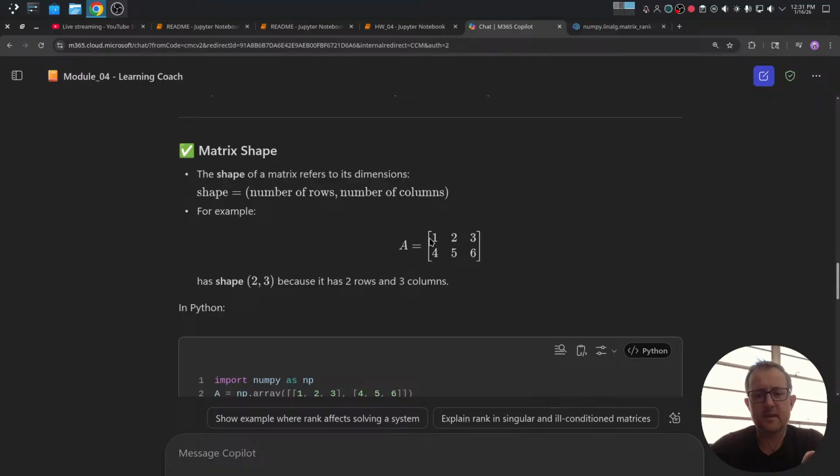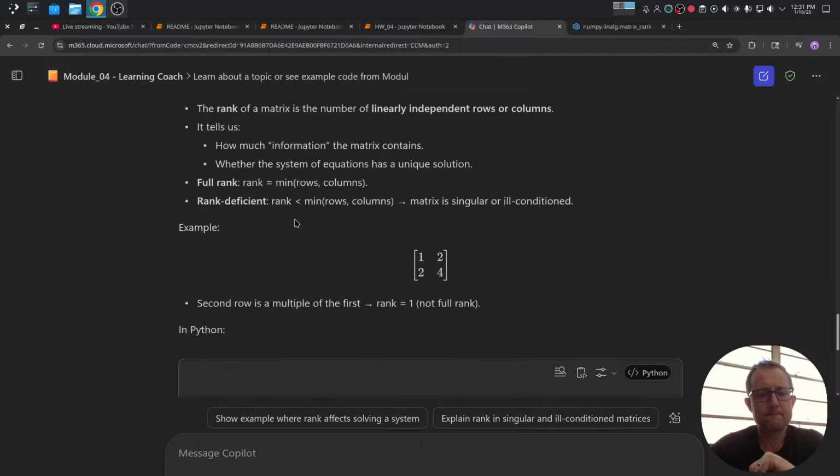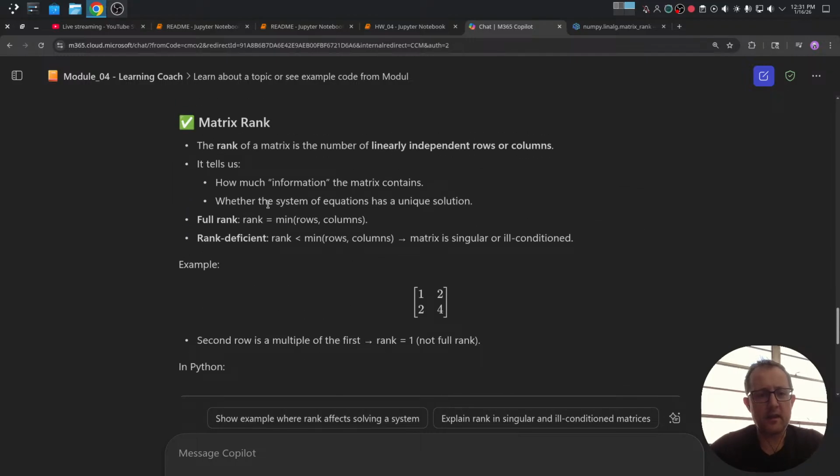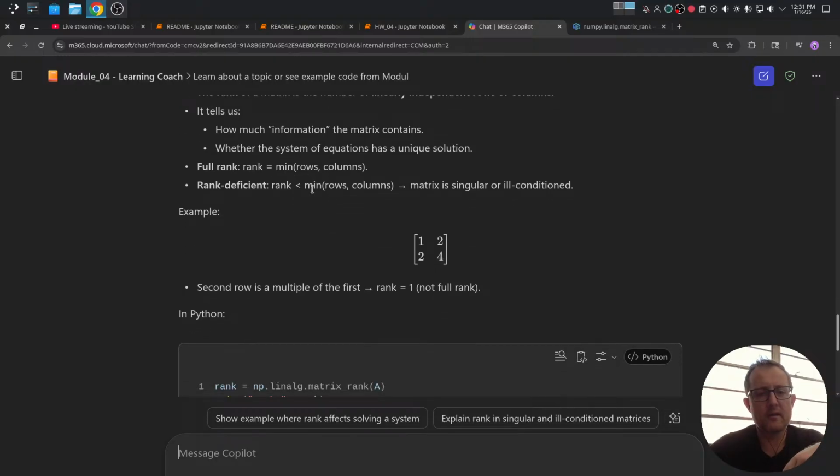So here it's telling me a 2 by 3, so it gives number of rows then number of columns. And then matrix rank, how much information, okay, full rank, deficient rank, or if it's singular.